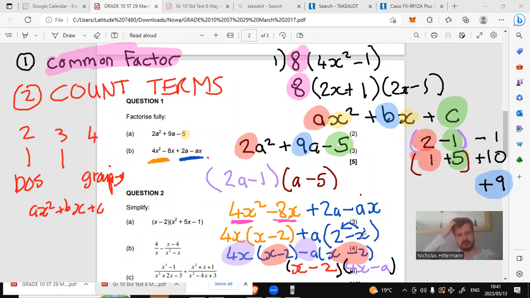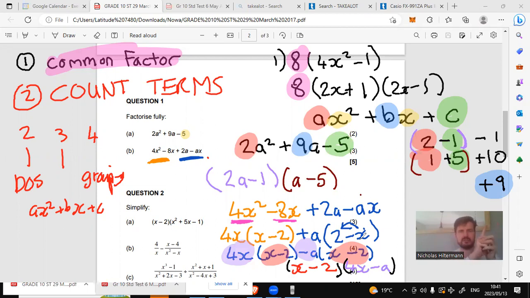Okay, so when you get to the factorizing question, step 1, find a common factor. We noticed that in A and B, there was no common factor. It was only the first one. So find a common factor. If you can't find a common factor, it's fine. We go to the next step, which is count the terms.